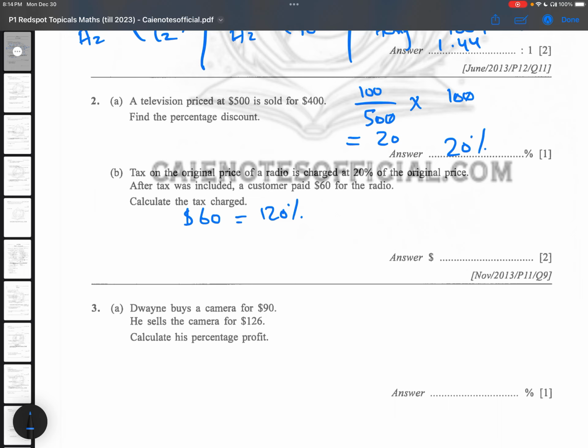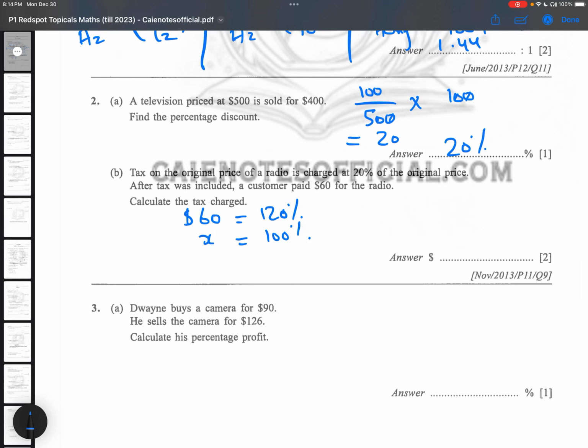And we have to calculate the tax charge. So before calculating the tax charge, I will find out how much was the original price of the radio before the tax. And before the tax, the price of the radio was 100%. And I don't know this price, 100% of the radio. Let's put X over here.